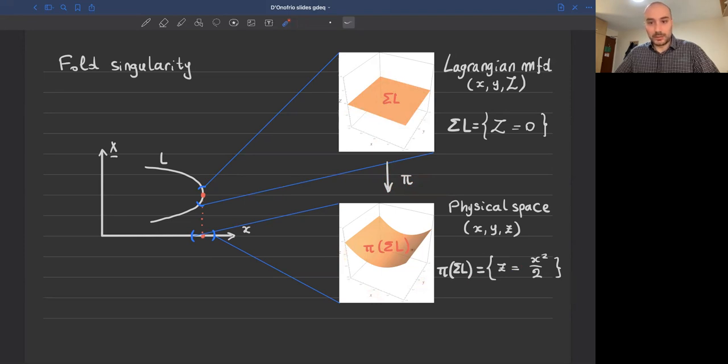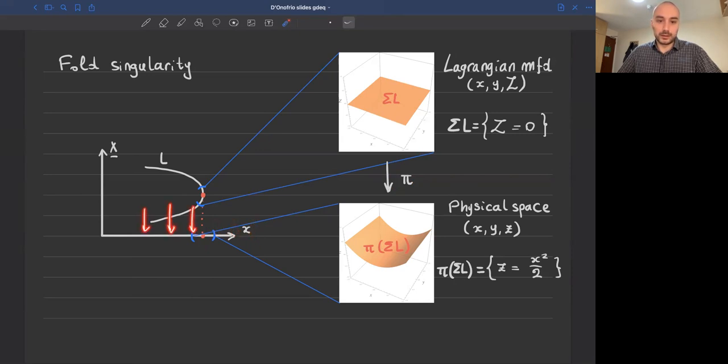There is another key observation here. There are no physical points to the right of this singular point, right? Points here are not related to any physical point for the fluid flow. The fluid flow can occur only here.